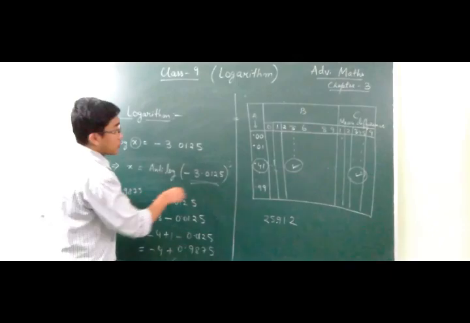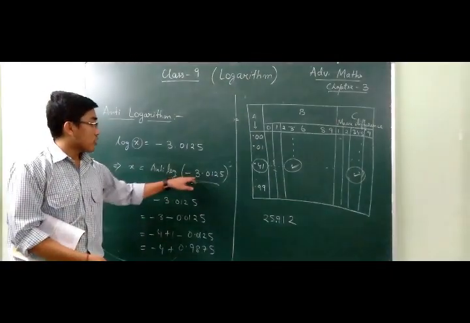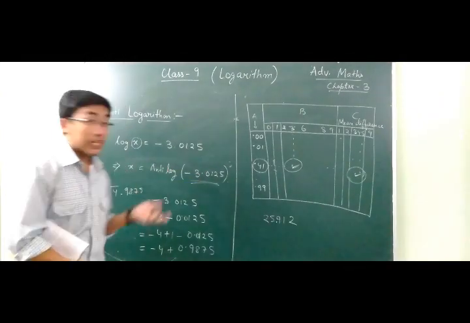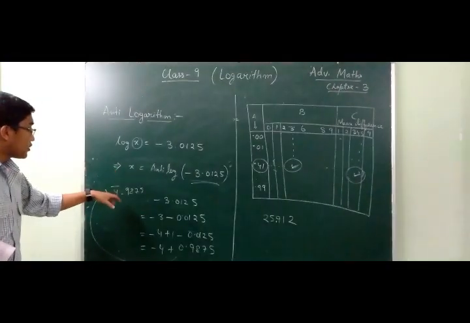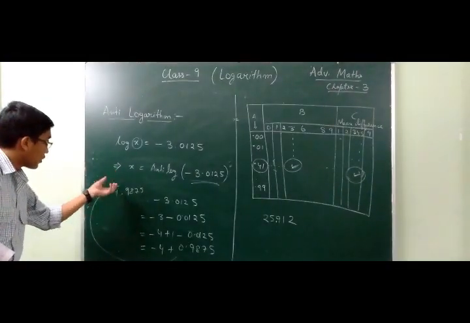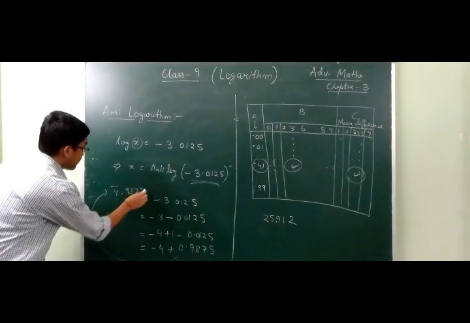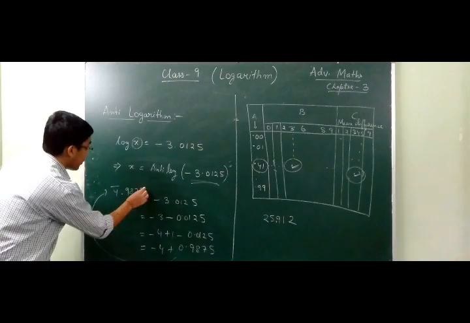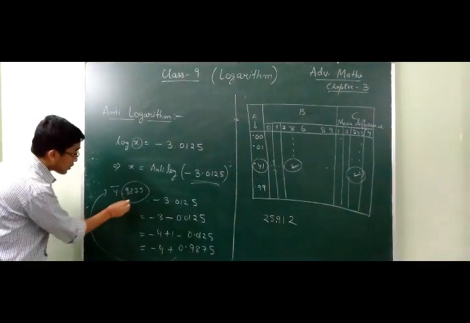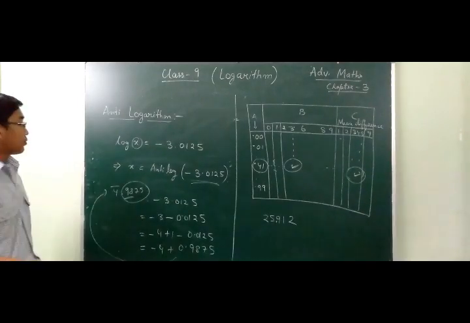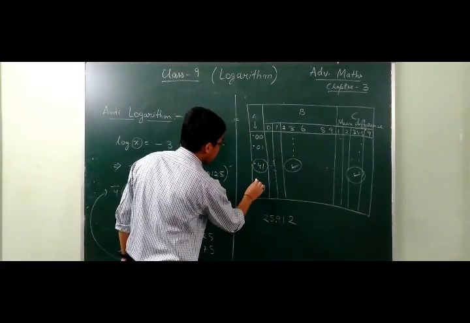So to use this antilog table, you should be very careful that if the number is positive, we can directly ignore the number before the decimal point. But if it is negative, we have to do this calculation and bring it into this form, and after that we can ignore this number before the decimal. Now we have this, so we ignored it. So what we have in our hand is only 0.9875. So we start checking the first two digits after the decimal. So this is 0.98. So 0.98 will be somewhere here.